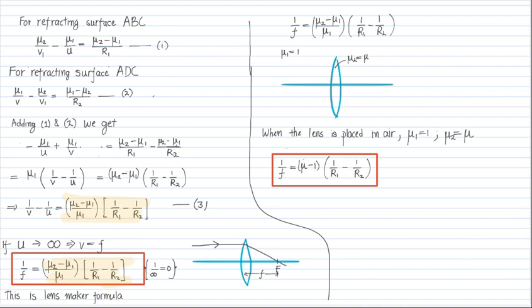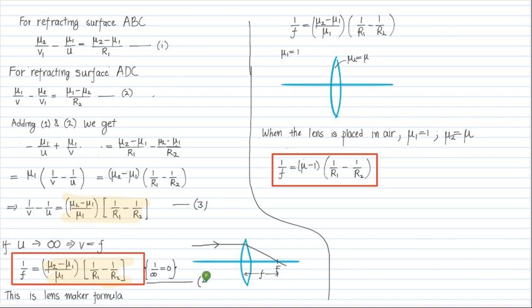If the right hand sides are the same, what happens to the left hand side? The left hand side will also be equal. Before I write something, let us give this equation a number. Let us say this is my equation 4.